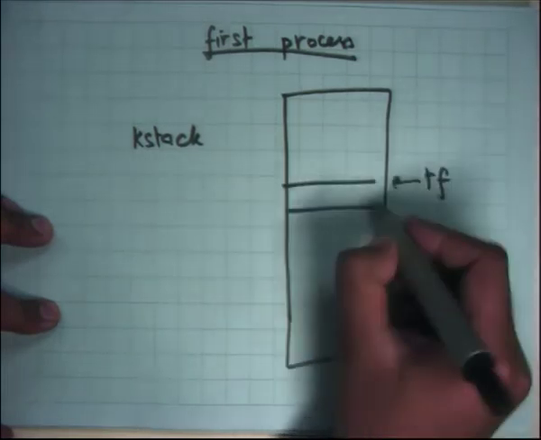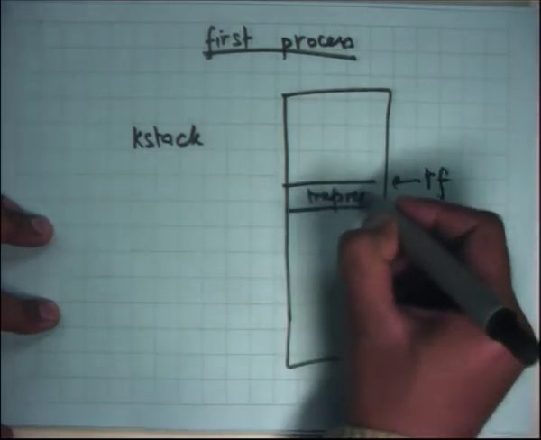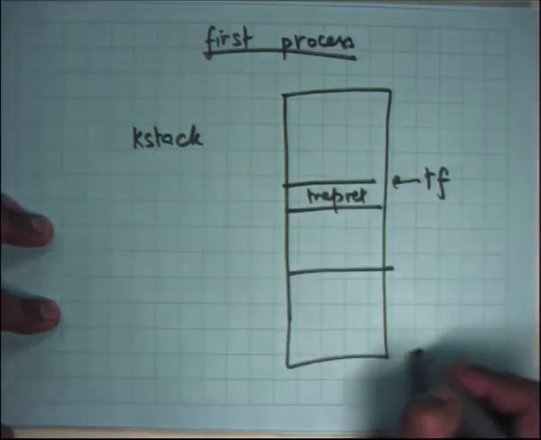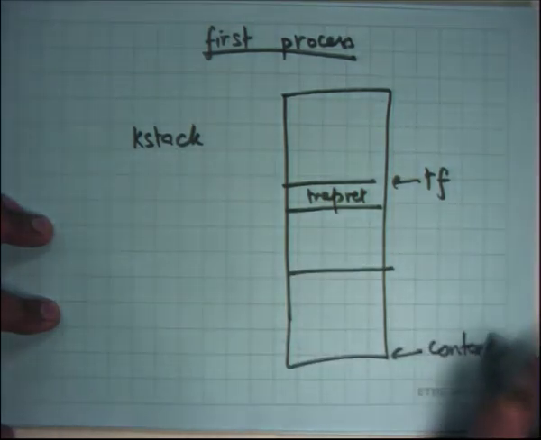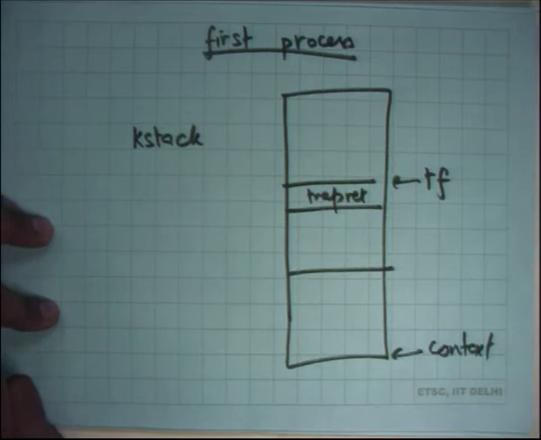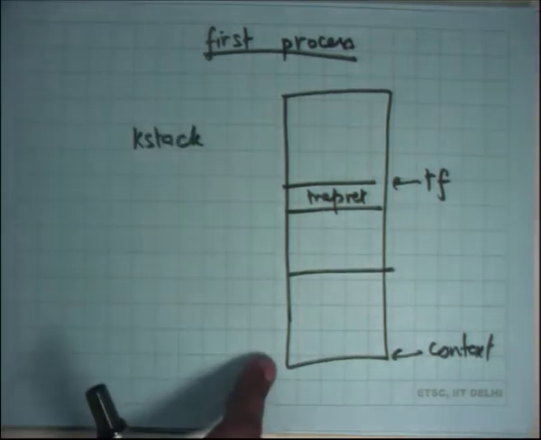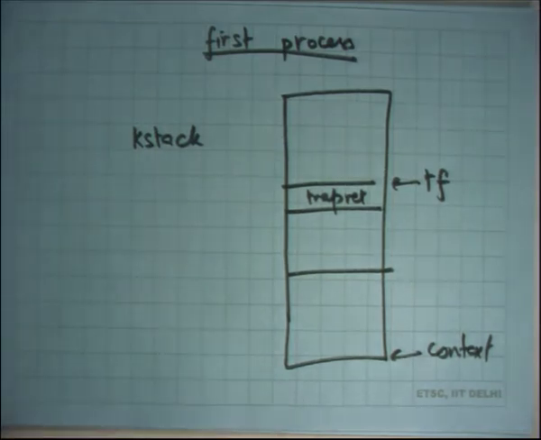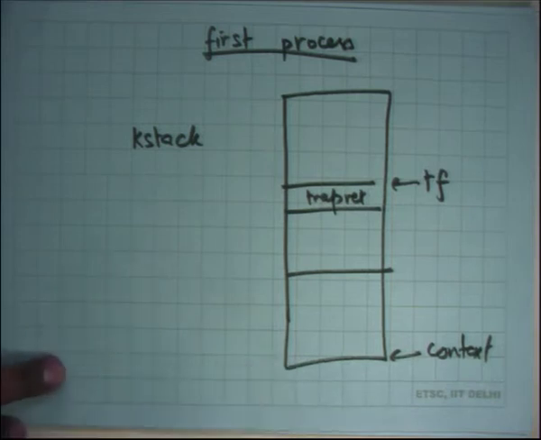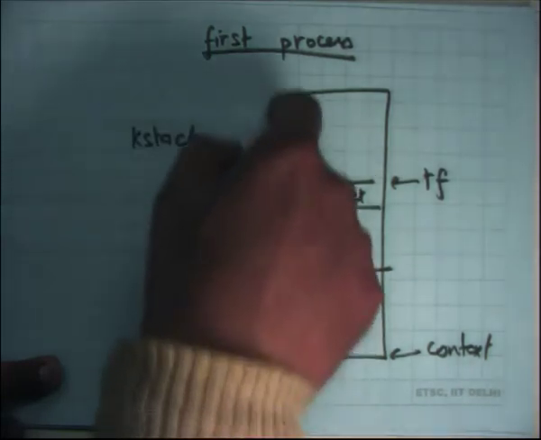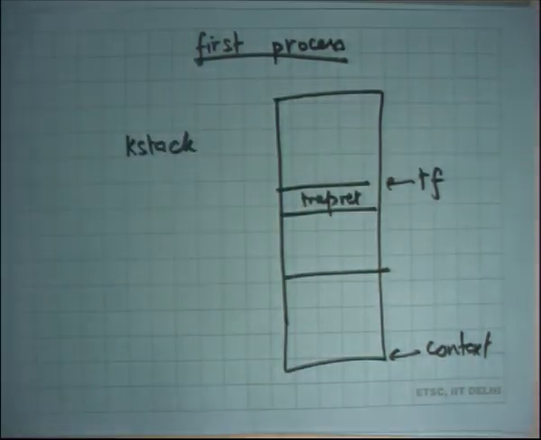At the top it has trap ret here, and at the bottom it has the context, right. So I am going to initialize a K stack which looks just like this and just add it to the list of PCBs and call the scheduler, and the scheduler is going to call switch, and because the K stack is well formed, it is just going to start returning from here and start executing the first process.